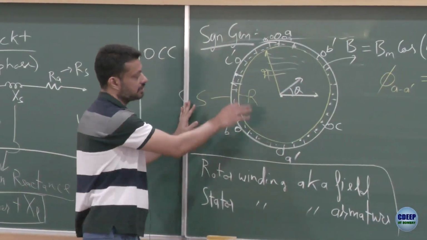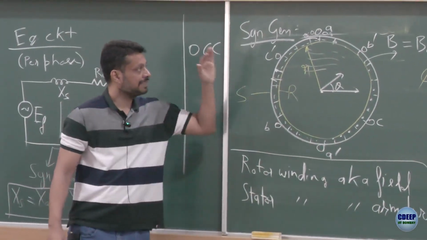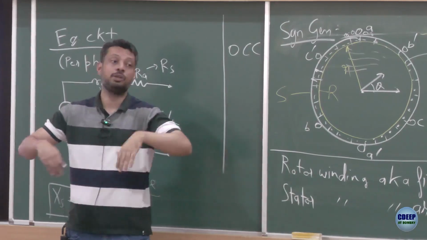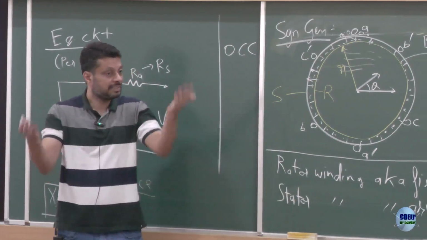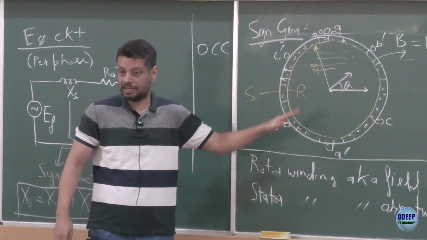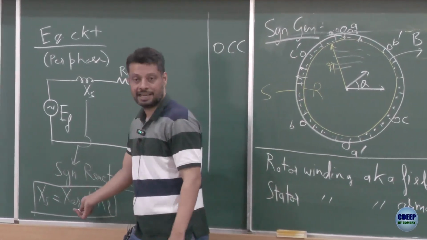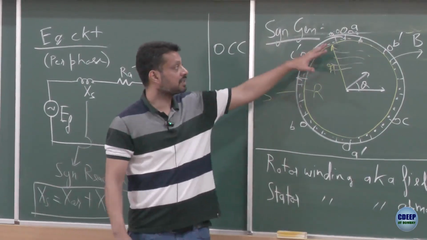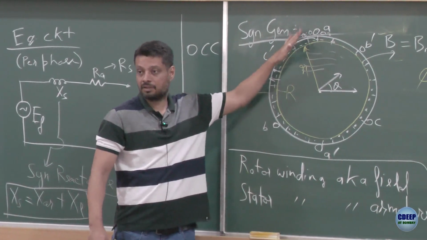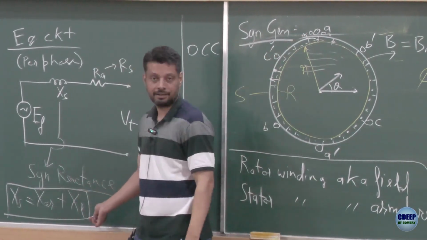If you imagine this structure, now imagine current is flowing in armature, that current would lead to creation of flux. Some of that flux will pass through the rotor. That component is XAR. Some of the flux will not touch the rotor, will only link the winding itself. That component is XL.